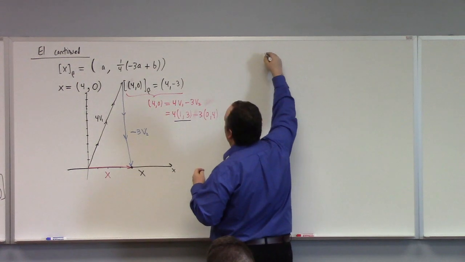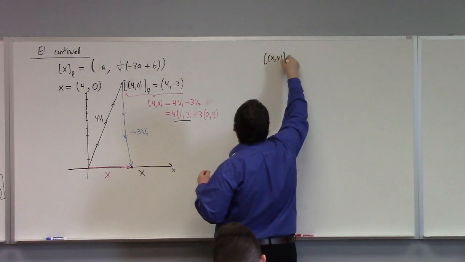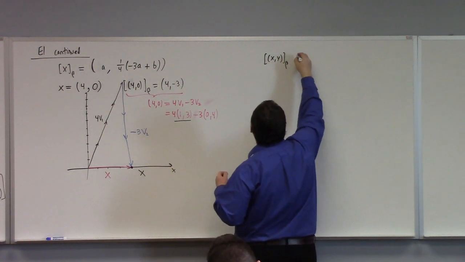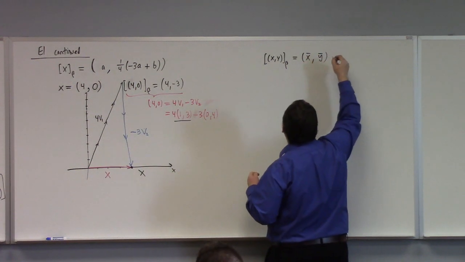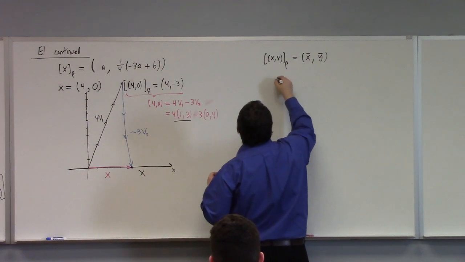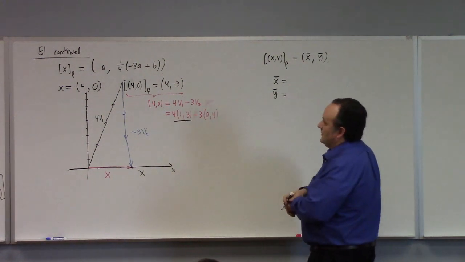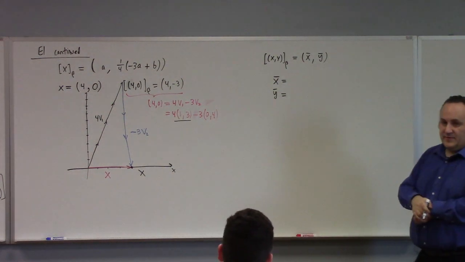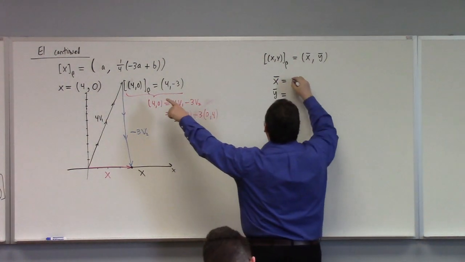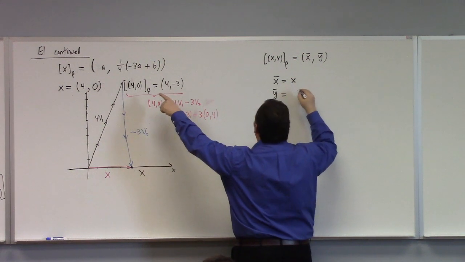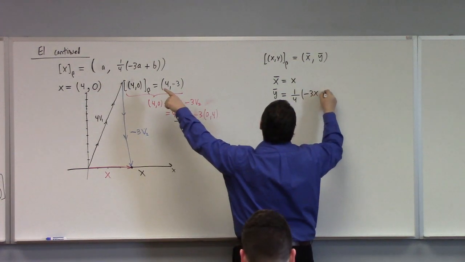Let us suppose that we looked at the coordinates of x and y with respect to the beta coordinate system, and let's call those x bar, y bar for new coordinate labels. So what's x bar equal to here? What's y bar equal to? I used a and b as a starting point, but basically a is equal to x, b is equal to y, right? So x bar is equal to x, and y bar is equal to 1/4 of minus 3x plus y.